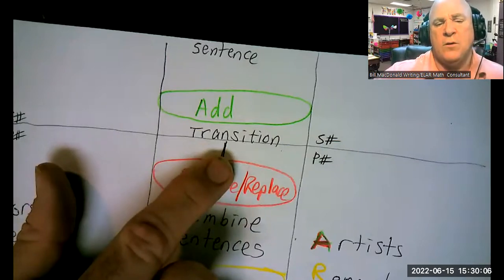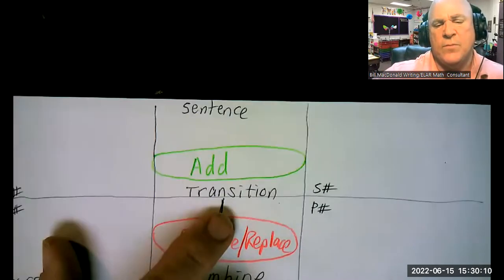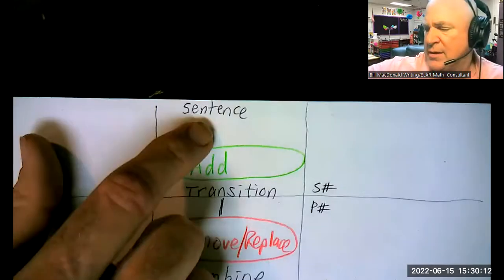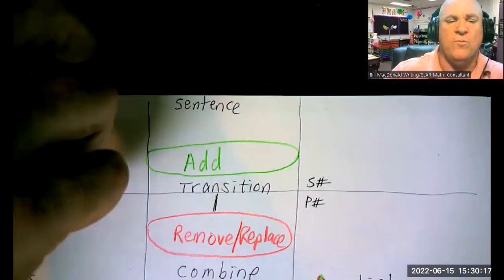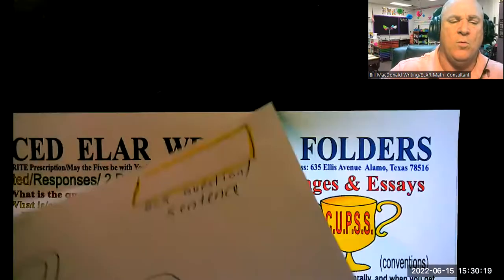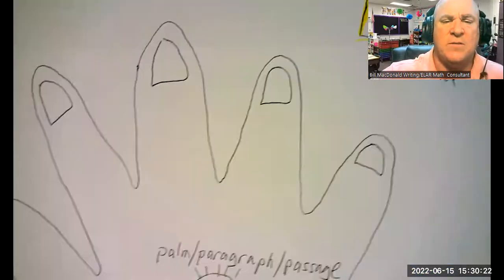Then the most difficult, if you're trying to add a whole sentence to a paragraph, that's that green, or remove one to a whole paragraph. Well, you can number the sentences of the paragraph.